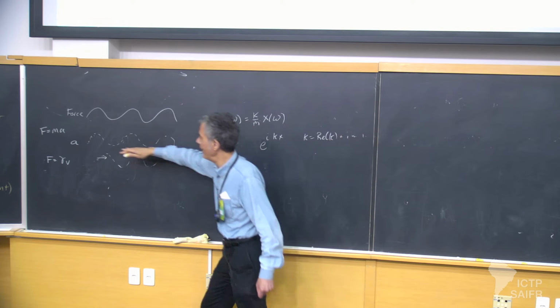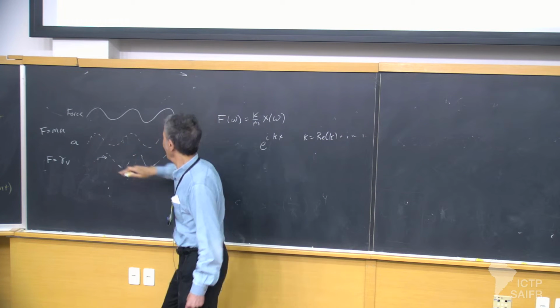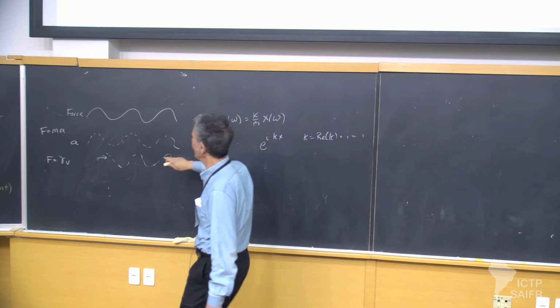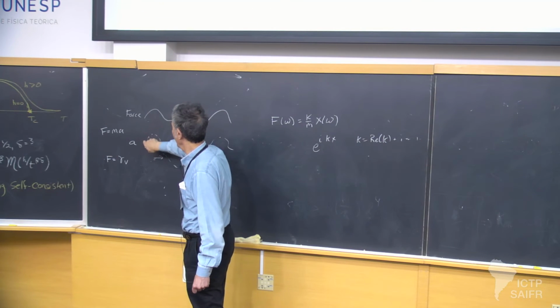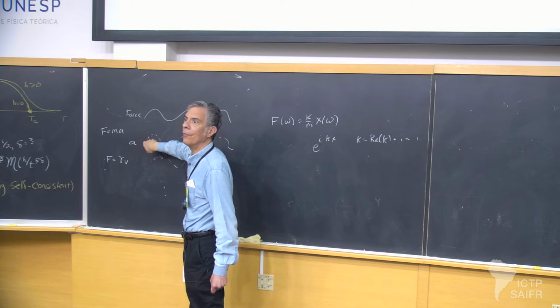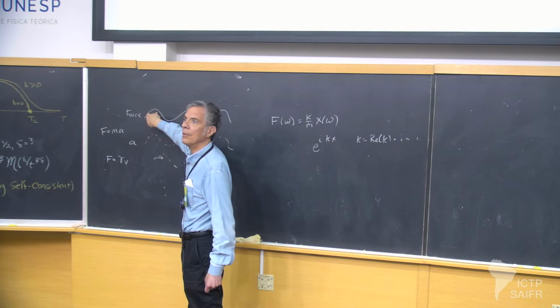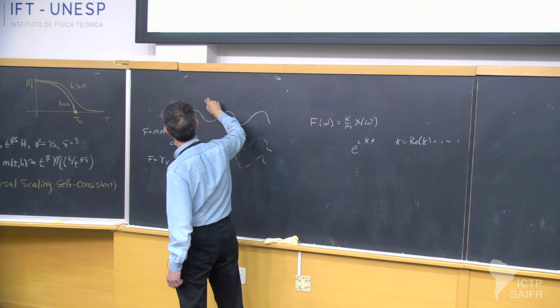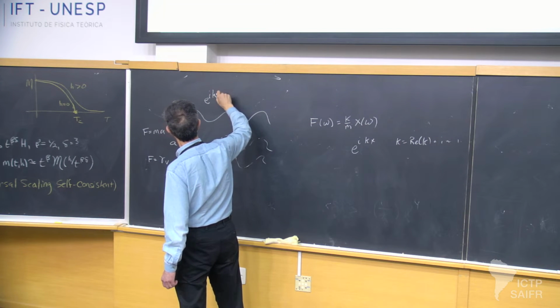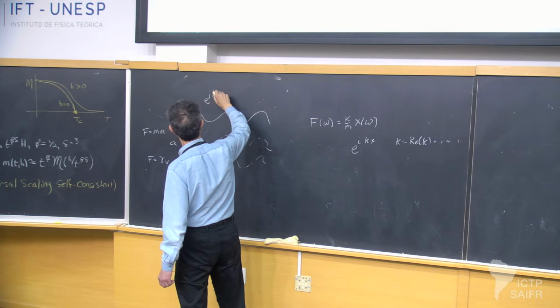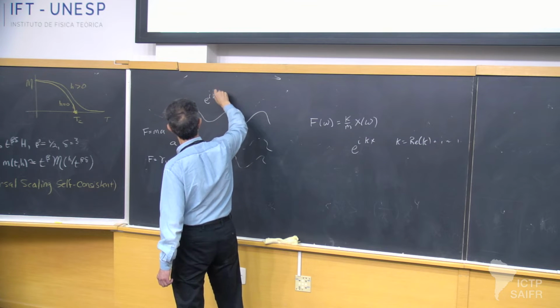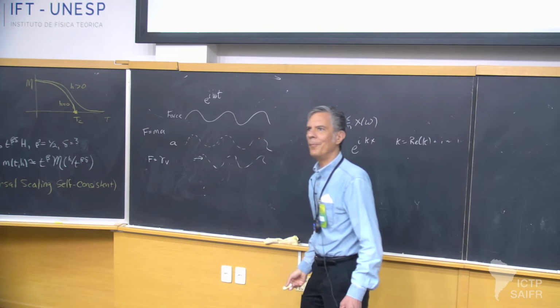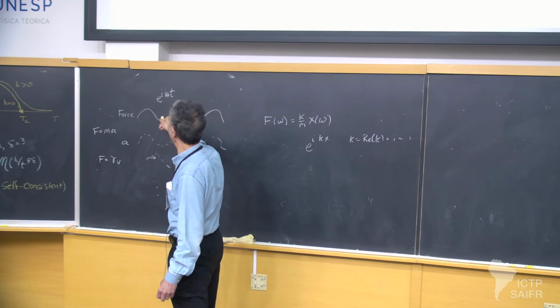So this phase is producing not just a real function multiplying this force, so this is not cosine sine anymore, it's e to the i k, I'm improvising, e to the i omega t.